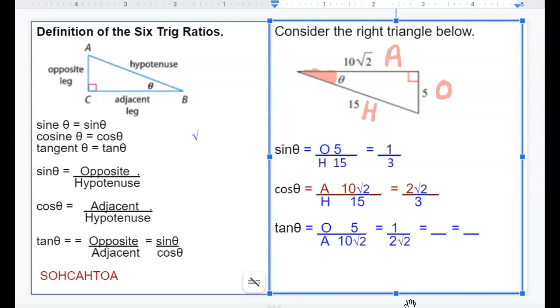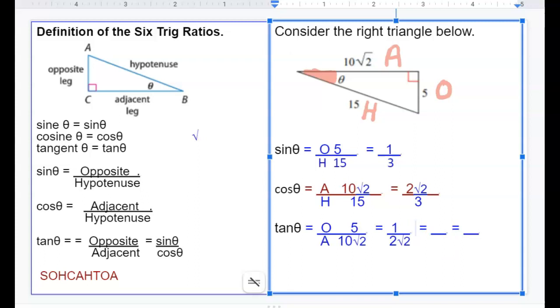Now, I want you to pay attention to this. Generally, in mathematics, you cannot leave your answer with a square root at the denominator. When you have a square root at the denominator, that fraction is not in its simplest form. So you have to do what we call rationalization of the denominator to simplify it. What you do is multiply the numerator and the denominator by that same square root.